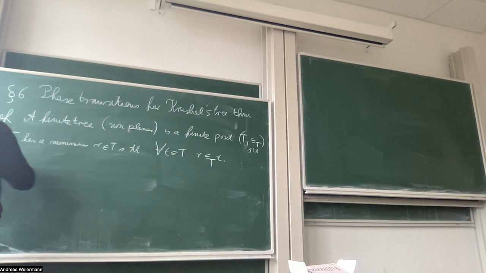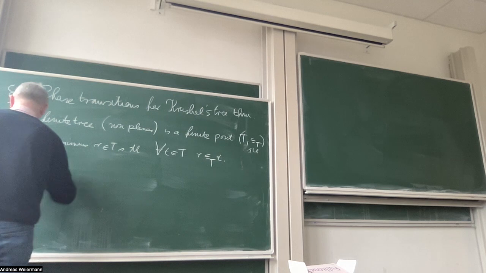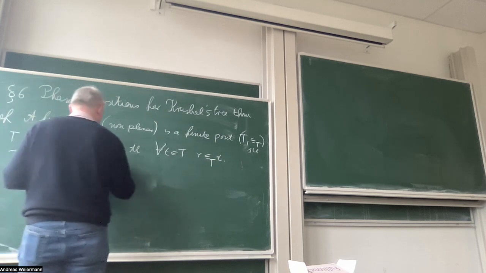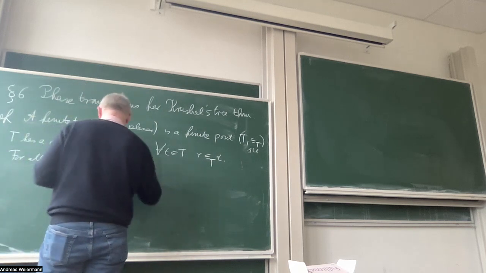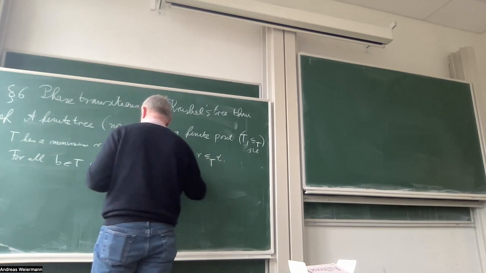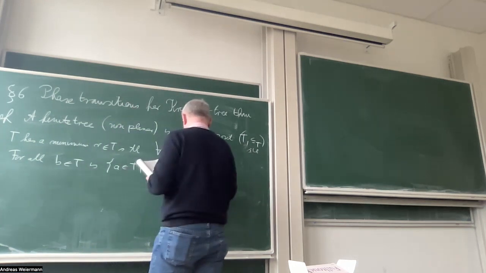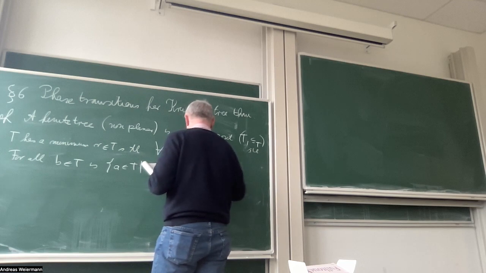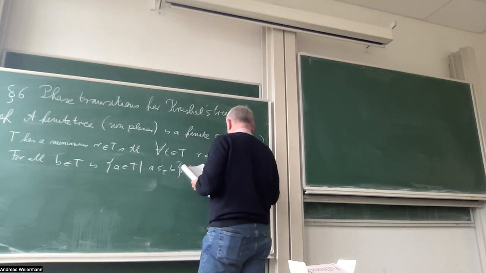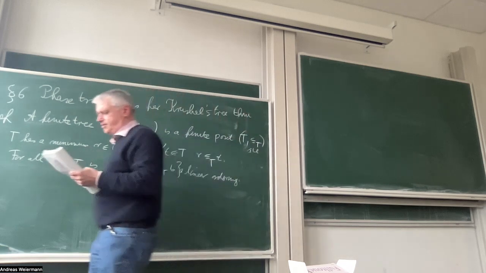Second, for all A in T, the set of all B in T with B before A is linearly ordered. Actually, you have seen this definition before.